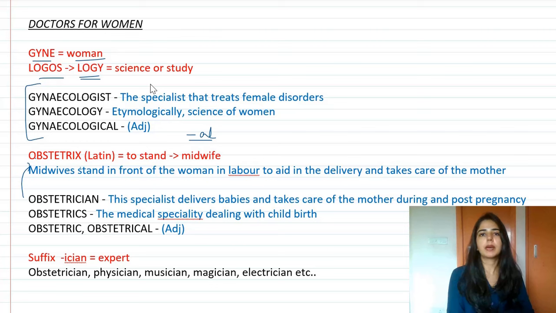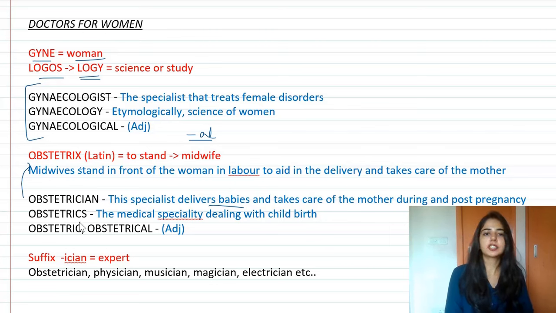Any female who is married, unmarried, pregnant or not pregnant, or in any age bracket, with any female disorder, a gynecologist can treat it. For example, hormonal imbalance or PCOD, whereas an obstetrician delivers babies and mainly works during the pregnancy and post pregnancy process. And what is this specialty called?